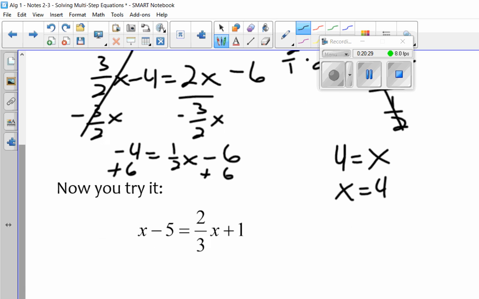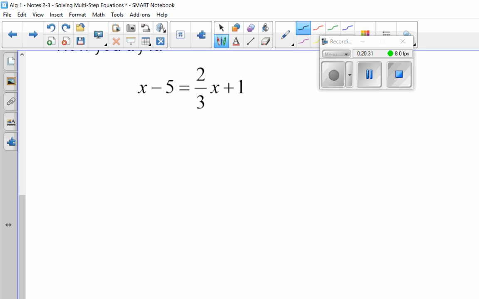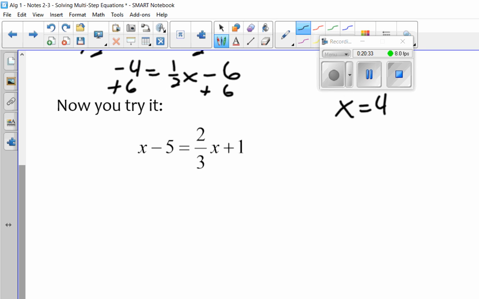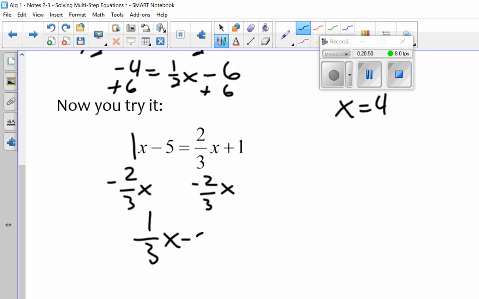I'm going to do this one with you really fast too, because 2/3 is kind of a funky fraction to deal with, right? There are no combining like terms. So what I'm going to do is subtract 2/3 x from both sides, because 2/3 is smaller than 1x, okay? So that leaves me with 1/3 x minus 5 equals, those go away, 1.